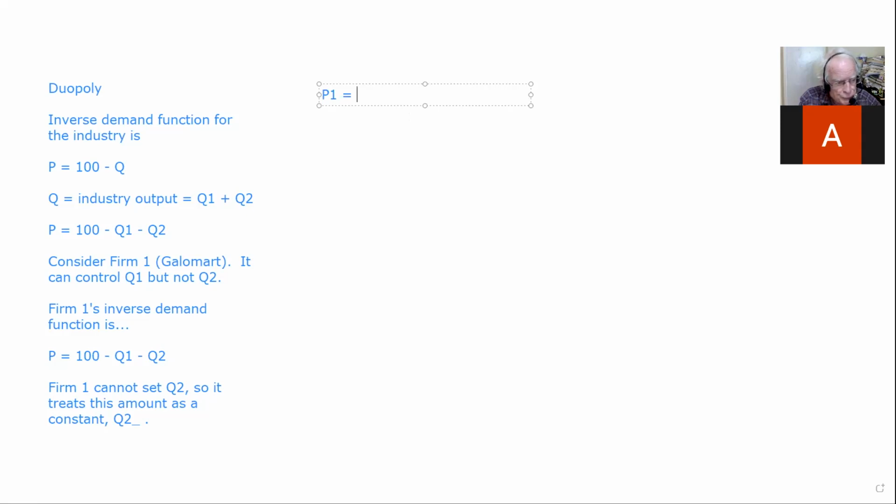So from firm 1's point of view, the inverse demand function looks like this. And then there is the element that firm 1 can treat as a variable. So revenues for Q1 look like this: price times the amount that Q1 produces, for example, grocery bags of Double Mart full of food.